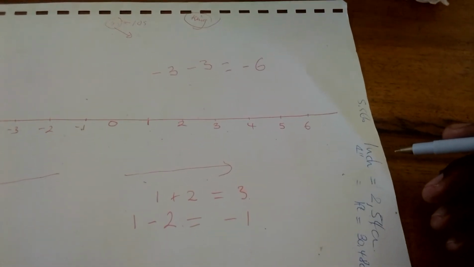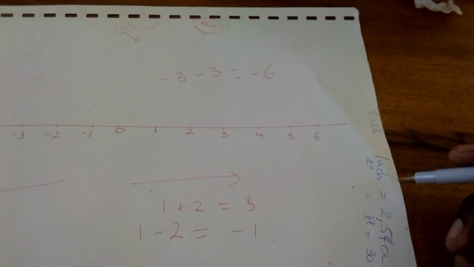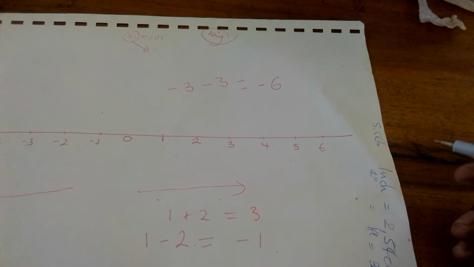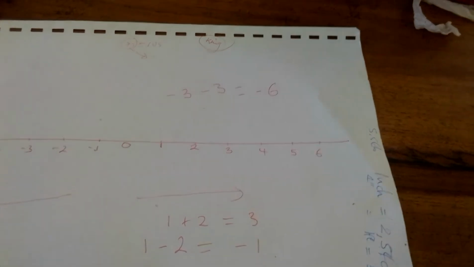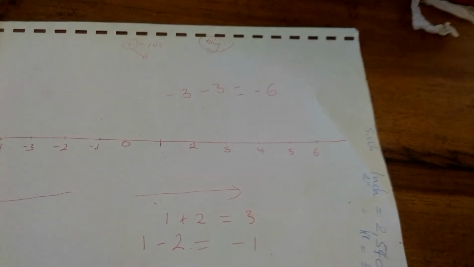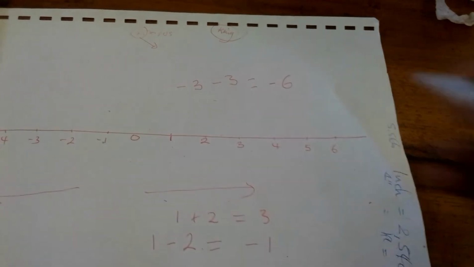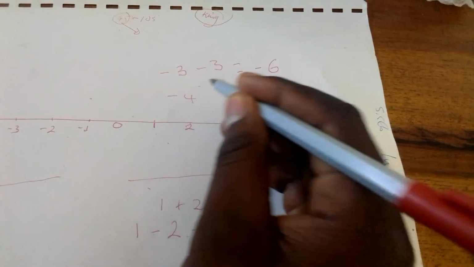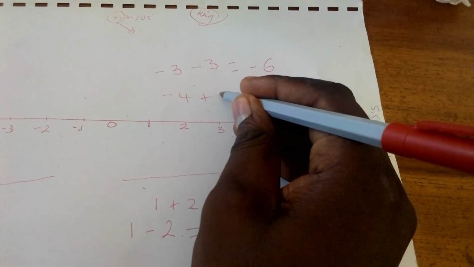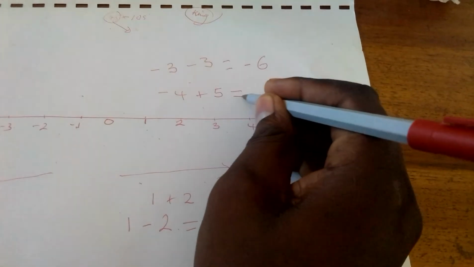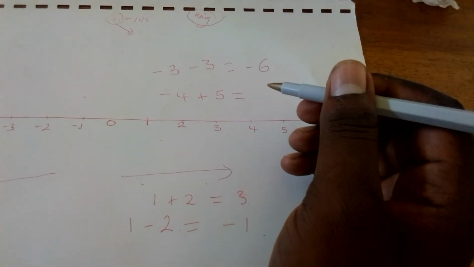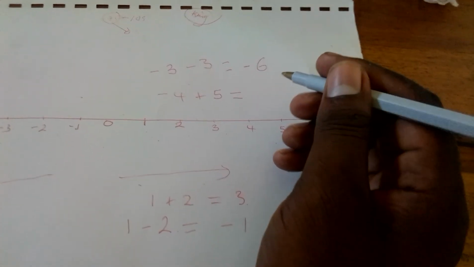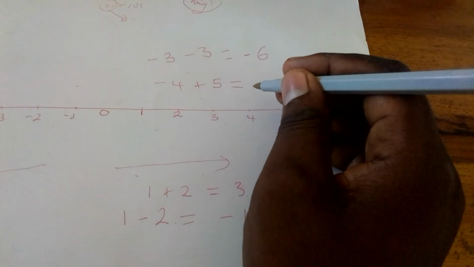So this is the general way of dealing with numbers with a similar sign. For the positive ones, it's easy, so there's no need for us to have an example on the positive side. If the signs are different, say minus 4 plus 5, what we do here is we take the sign of the bigger number.